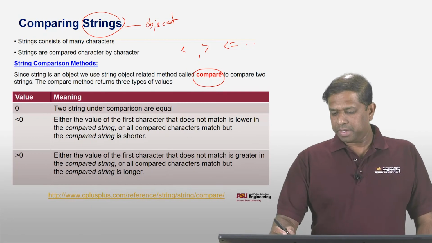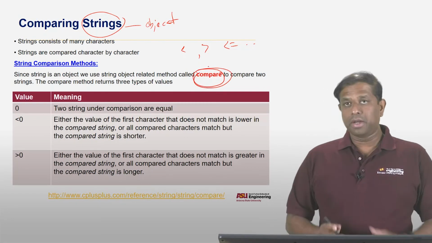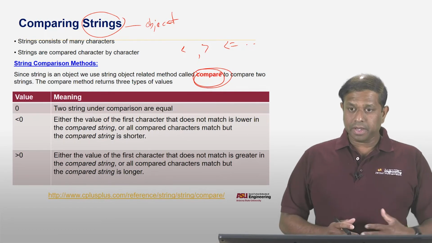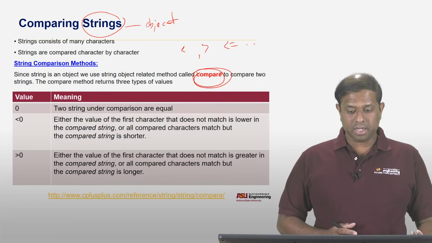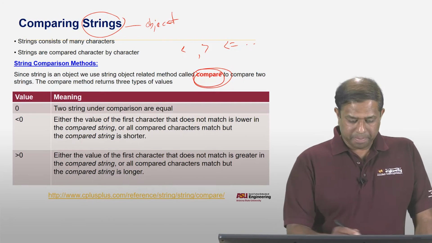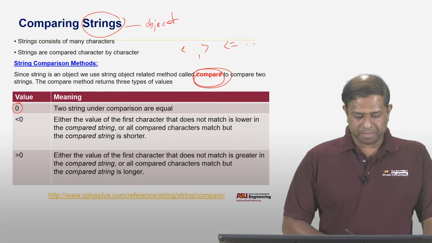This compare to method is going to compare two strings, and then give us three different numbers as the output. If the two strings that we are comparing are the same, it's going to return us 0.